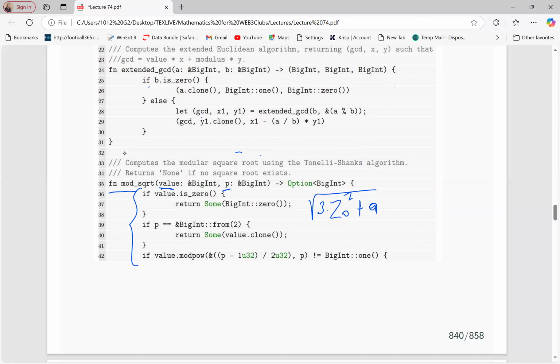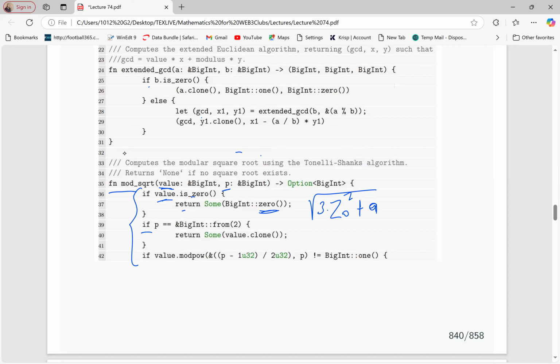And if this value is 0, then of course the square root will be 0. If the value A is 0, then you return an integer 0. 0 becomes the solution. It also knows that, of course, the square root of 1 would be 1, positive or negative.